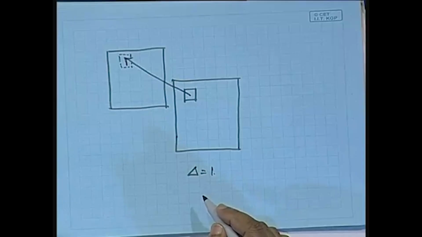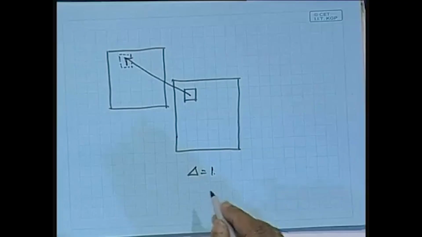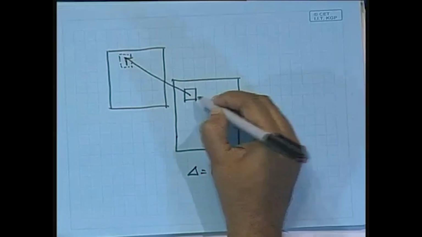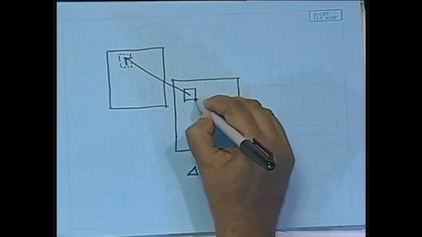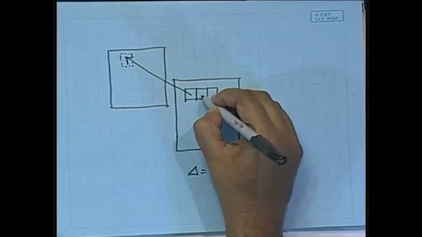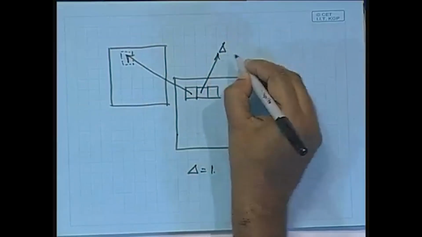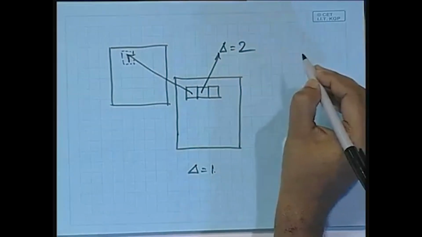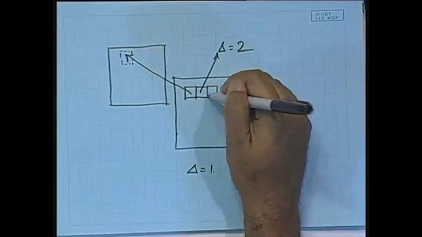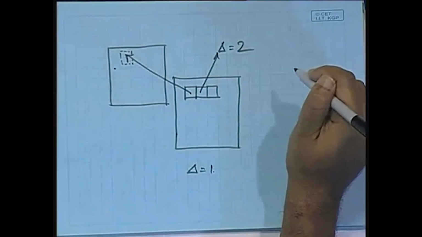So, delta is equal to 1, but in the case of H.264, some of the macro blocks can have a reference of the immediate past frame as delta equal to 1, but for others you can define a different delta. For example, if I define this one to be delta equal to 1 and I define the next macro block with delta equal to 2, it means that for this macro block the reference frame is not this one, but the one 2 frames back.